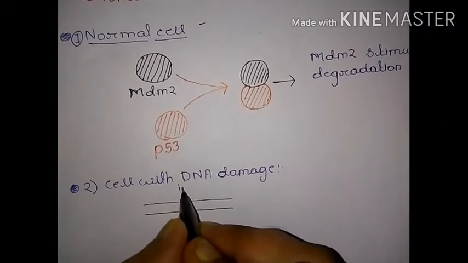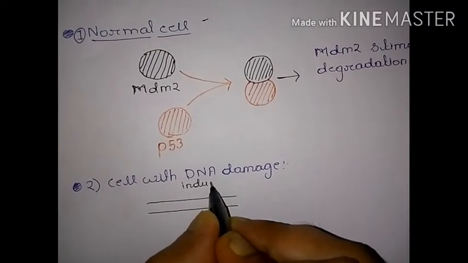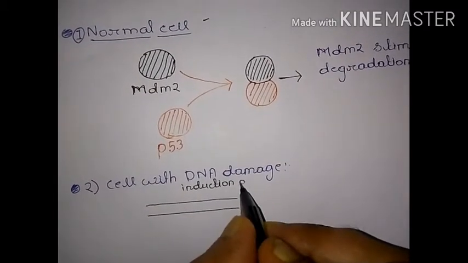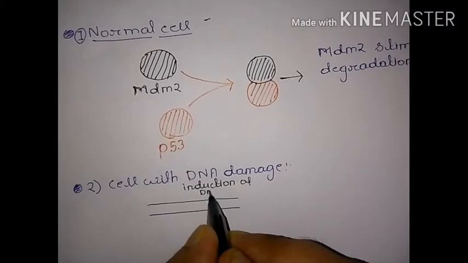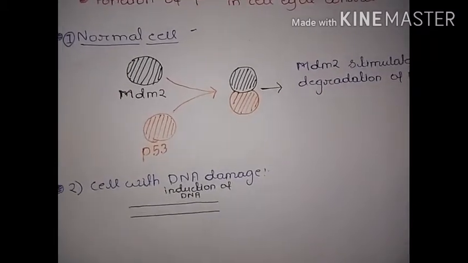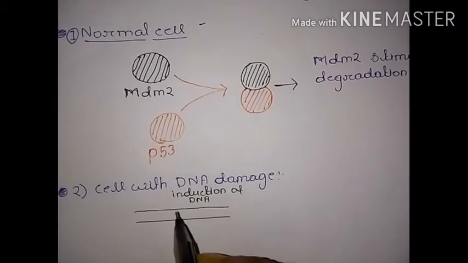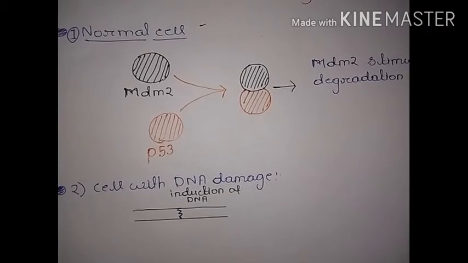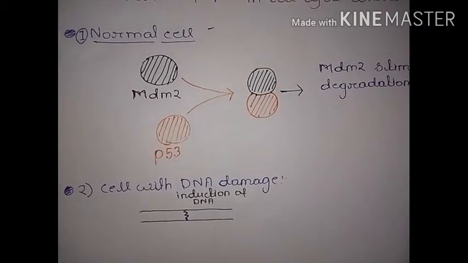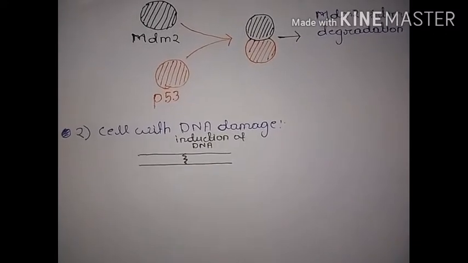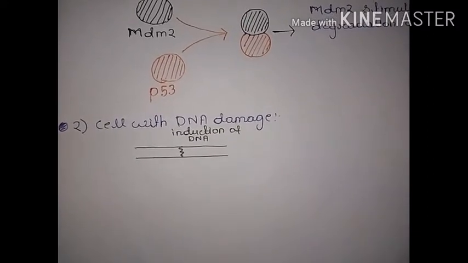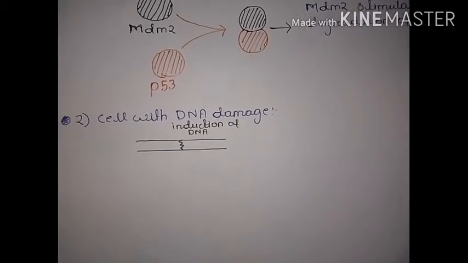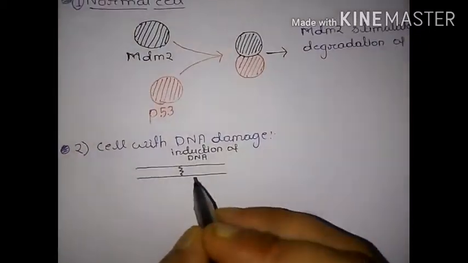First there is induction of DNA damage, which means DNA damage or some mutation occurs at particular positions, and that leads to phosphorylation of both proteins, MDM2 and p53.